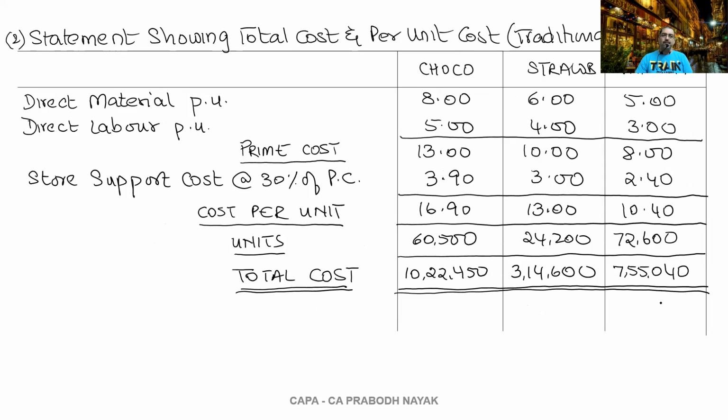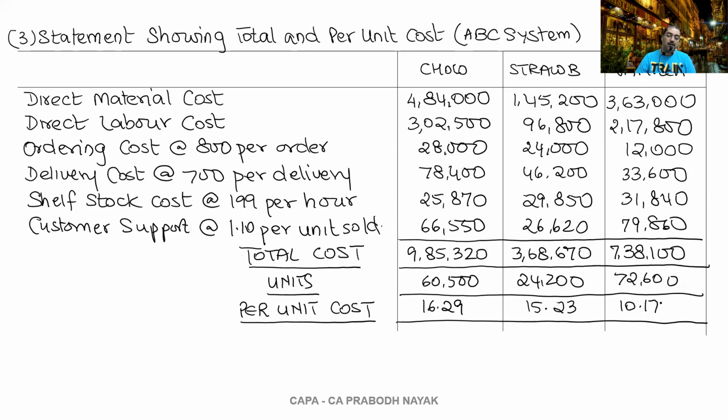So it is just a method of convenience, not that this is the format for solving the problem. Here also you can first calculate all total cost, and then final figure you divide by total number of units, you get the same. Third part is also over.